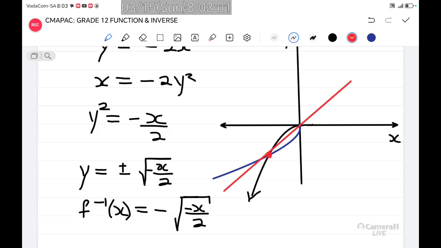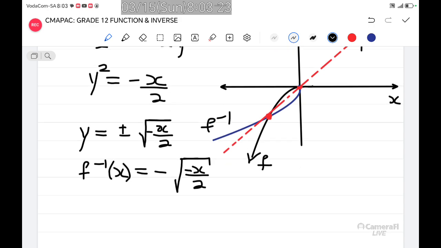So it must be passing through here and this point. So here's the line y equals x. And then this is f of x. This is f inverse with that restriction.